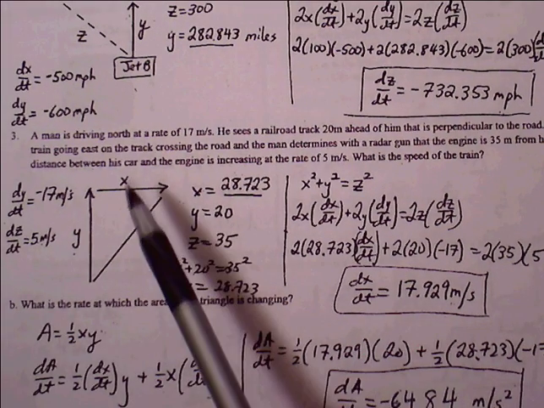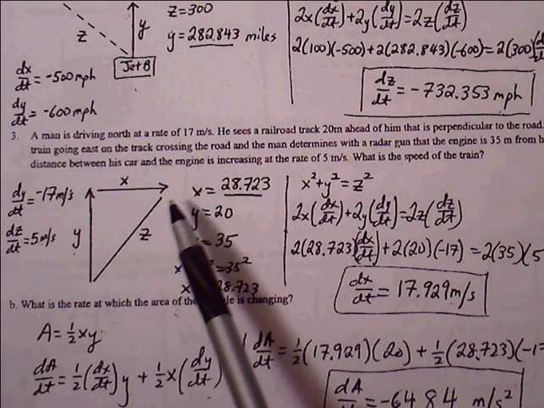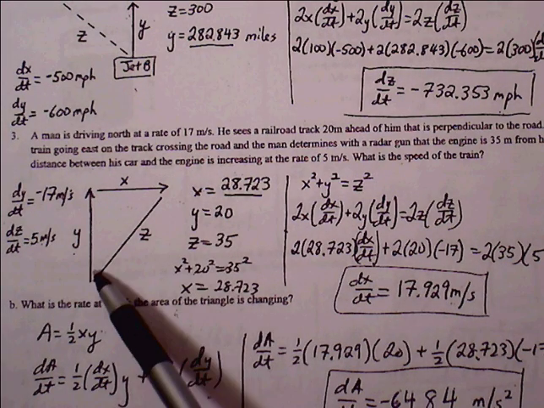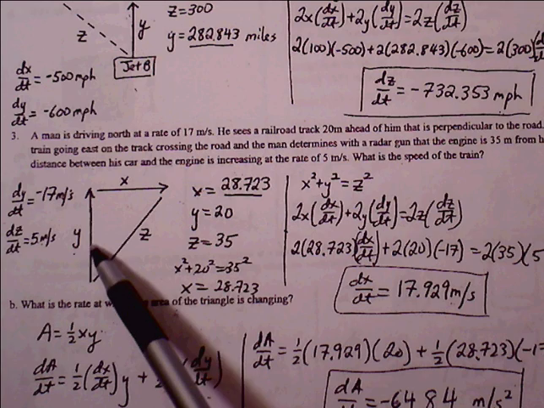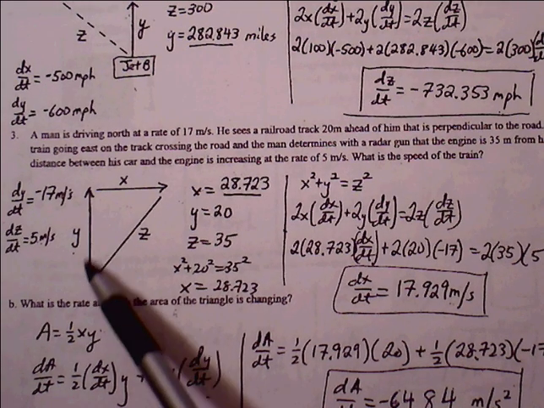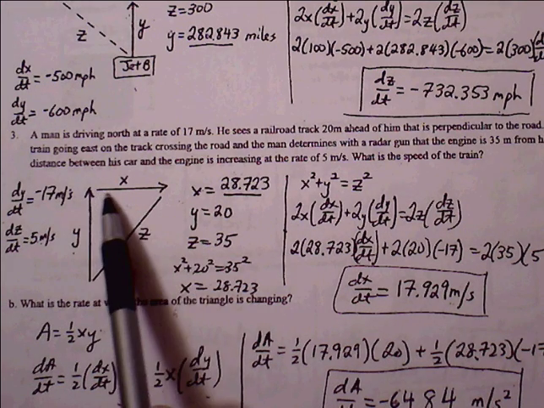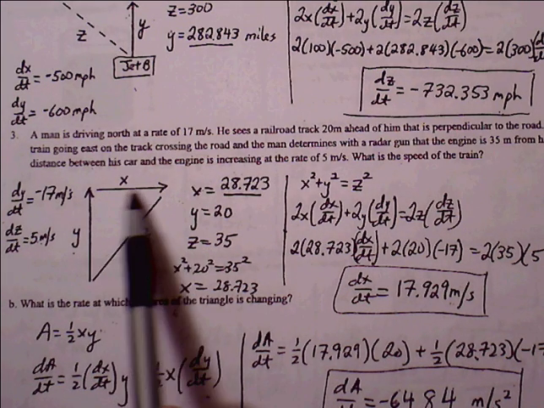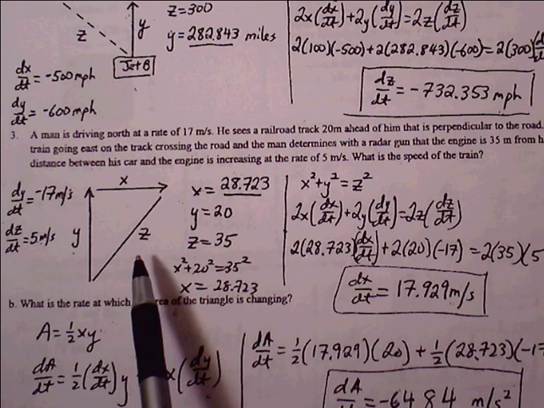So if we think about what's happening to the lengths of this triangle, we know that as the car gets closer, we expect y to be decreasing over time, right? This x, however, is going to be increasing over time, so we expect that to be a positive value.